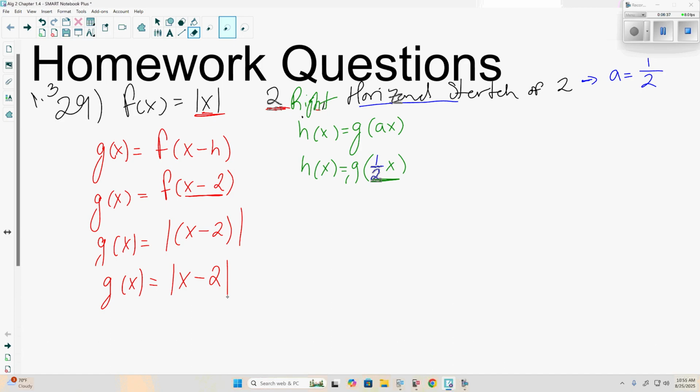Now, as I said before, our value of a is still a horizontal stretch of 2. We're going to flip it, giving us g of 1/2 x. Just like before, we replace every x in g of x with 1/2 x. So we still have the absolute value bars, but instead of x, we have 1/2 x, and we keep the minus 2.